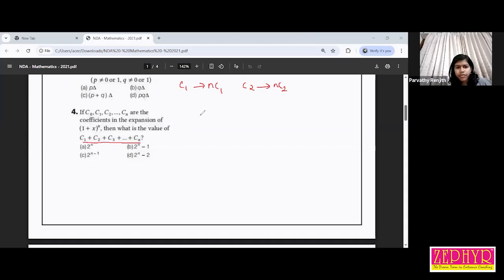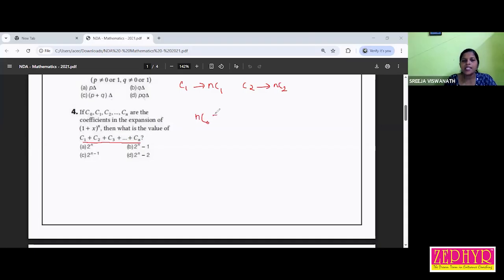Option B, correct. We know that NC0 plus NC1 plus NC2 etc. up to NCn equals 2 raised to n. This is the standard formula, the sum of binomial coefficients.